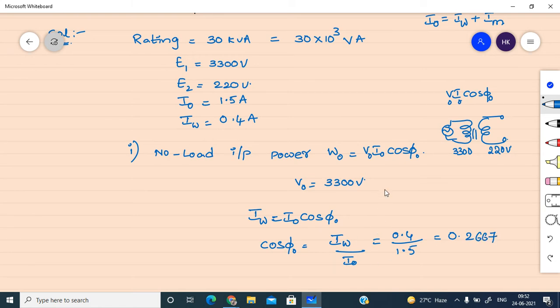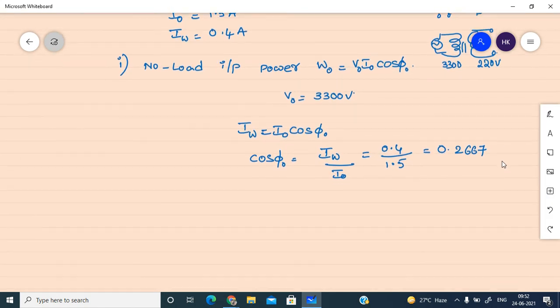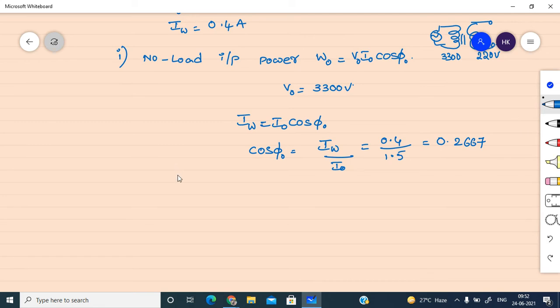So the cos phi naught value is also known. Now we can easily find out the no load input power. Therefore W naught is equal to V naught, 3300, into I naught, 1.5, into cos phi naught, 0.2667.